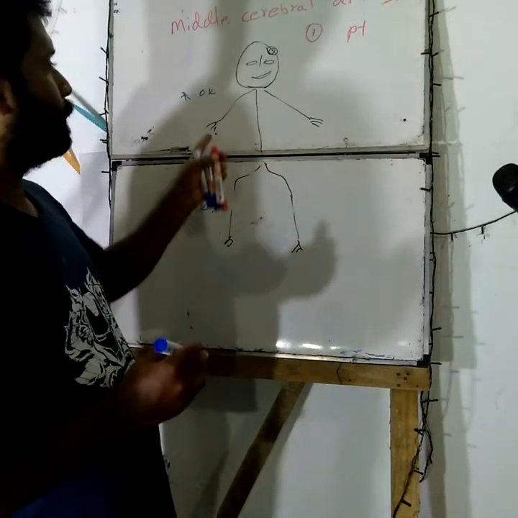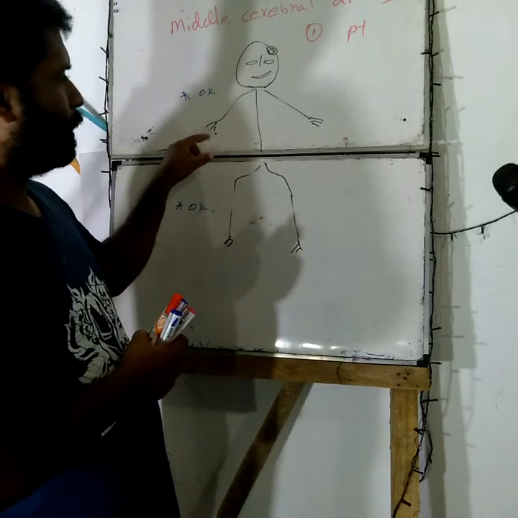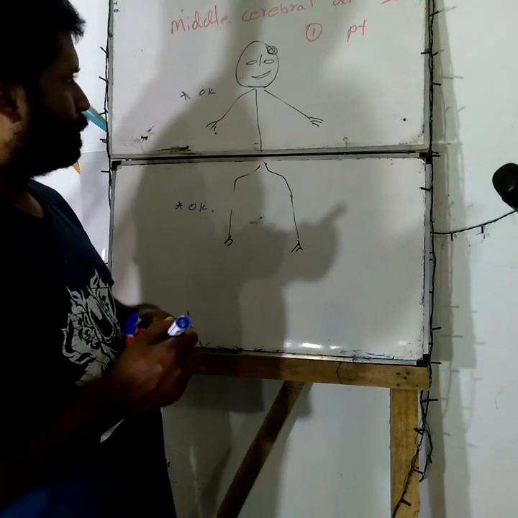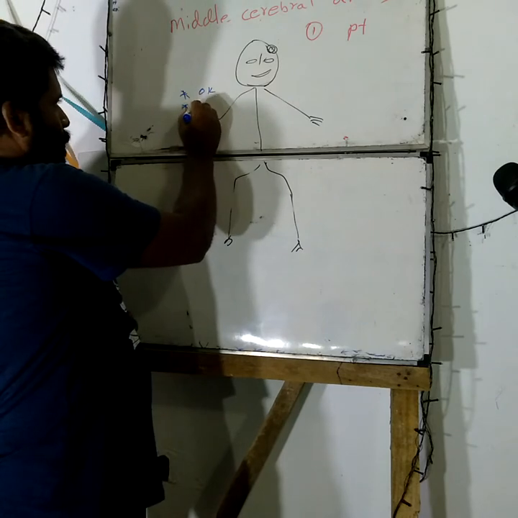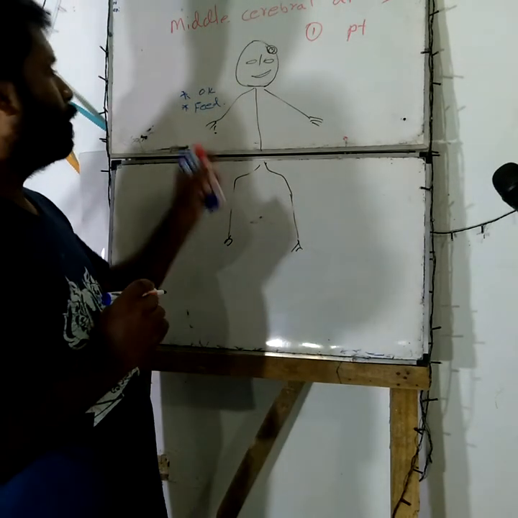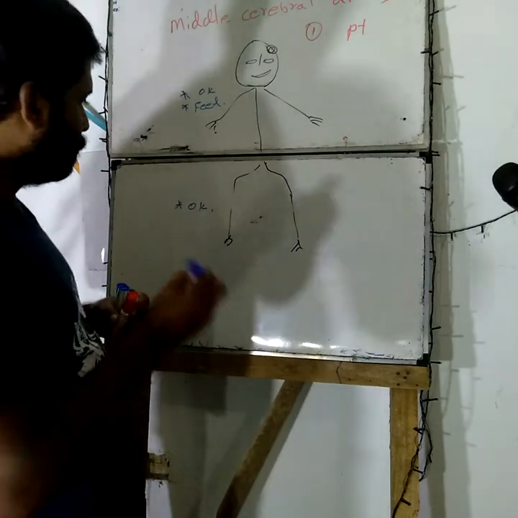He can do ADL. Sometimes he can't feed himself. This is the problem. Self-feeding is affected in the hand, but he can walk.